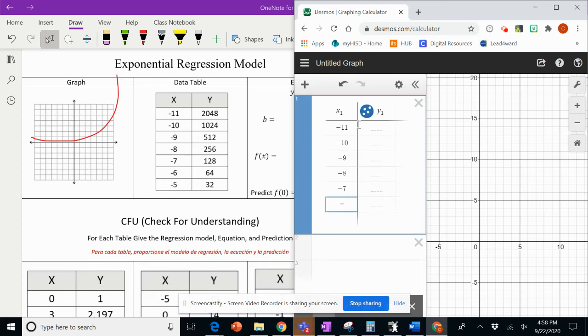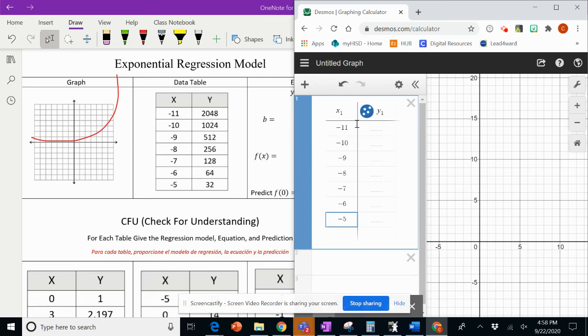And then -6, -5. Is that -11, -10, -9, -8, -7, -6, -5? All right. Then we have 20, 48, 10, 24, 5, 12, 256. Oh my gosh, so many numbers.